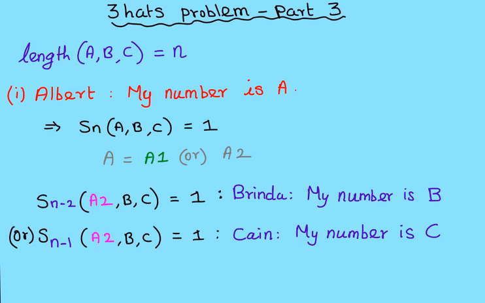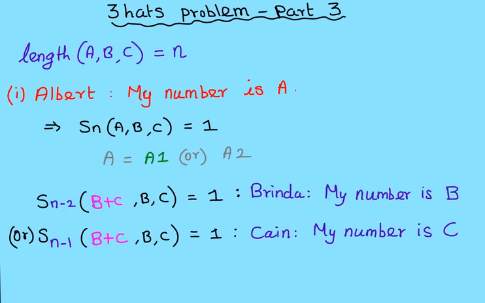Note that A2 is B plus C, so neither B nor C is the sum of the other two. That means either at the (n-2)th conversation or at the (n-1)th conversation, the claimed number is not the sum of the other two, and that contradicts our inductive assumption that if the conversation length is less than n, then the claimed number will always be the sum of the other two. Therefore, this is a contradiction.